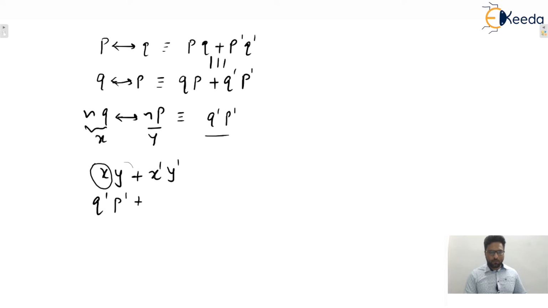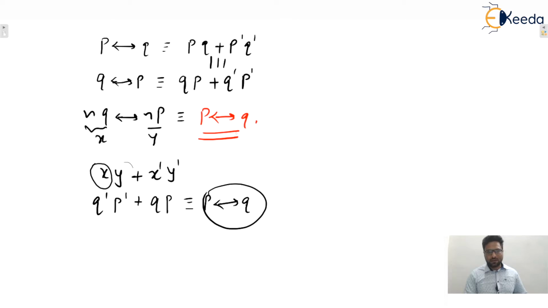X complement means Q complement, double complement means Q only. Y complement, double complement means P only. So that is equivalent to P biconditional Q only. Isn't it? So this is also equivalent to P biconditional Q and so on. I hope this one is clear to everyone.